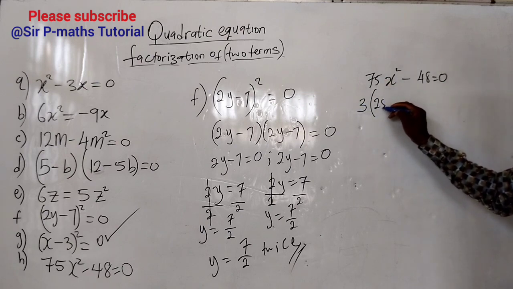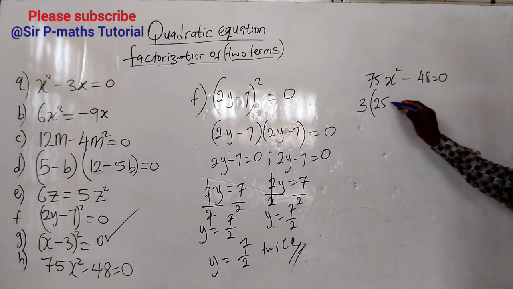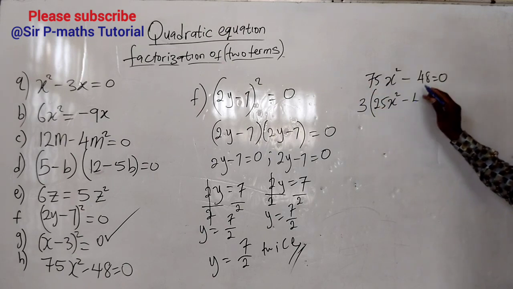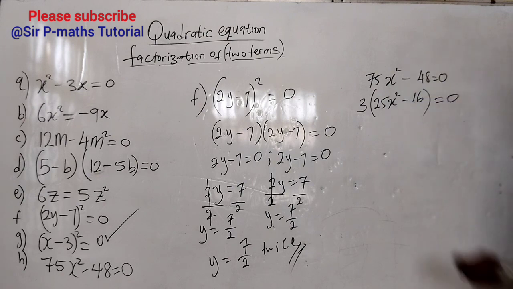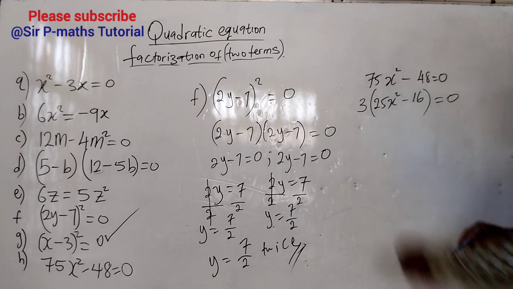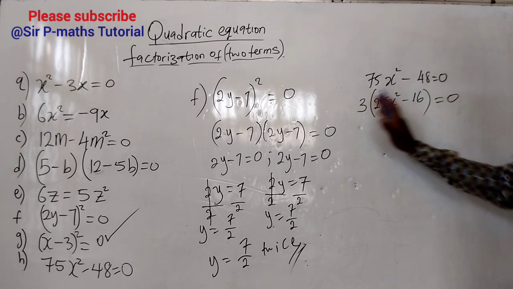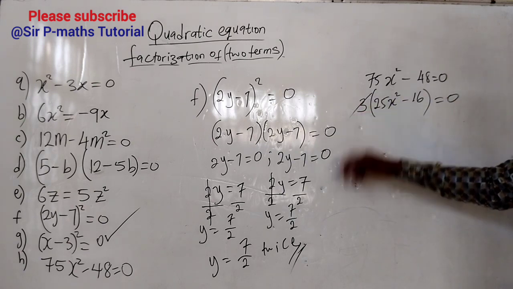Now I'll have 25 because 3 times 25 gives 75. x squared minus 16 equal to 0. 3 times 16 will give me 48. 3 times 25 will give me 75. Then the 3 and 0 can cancel out. So 3 is gone.